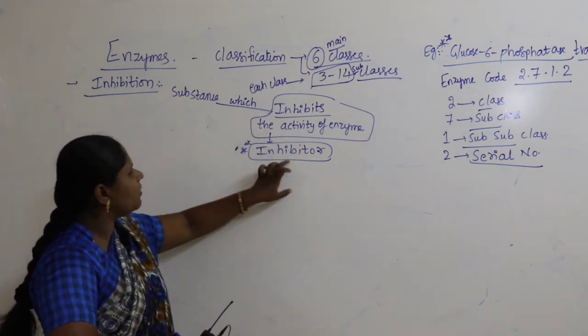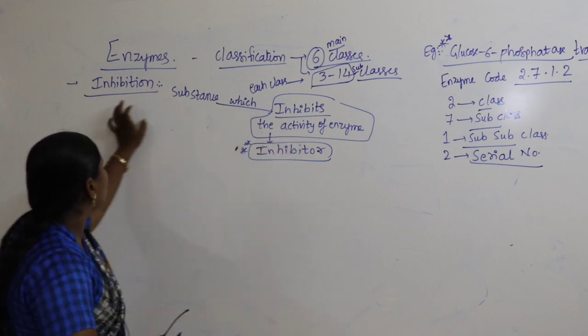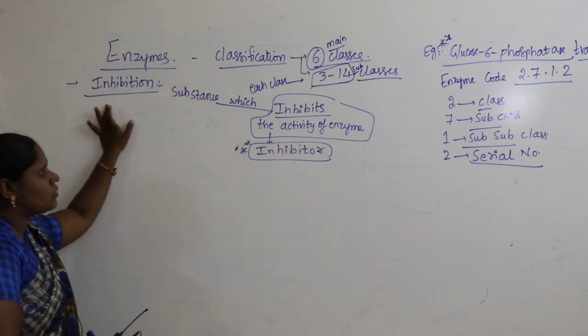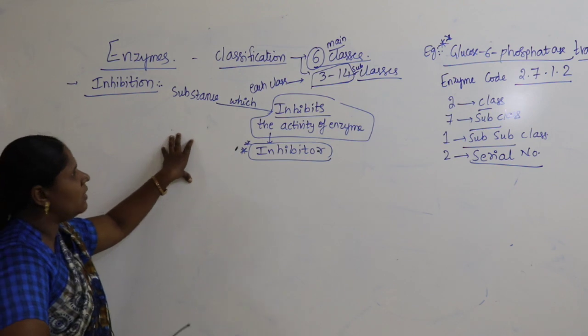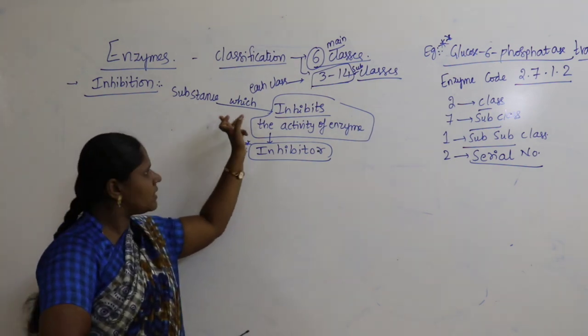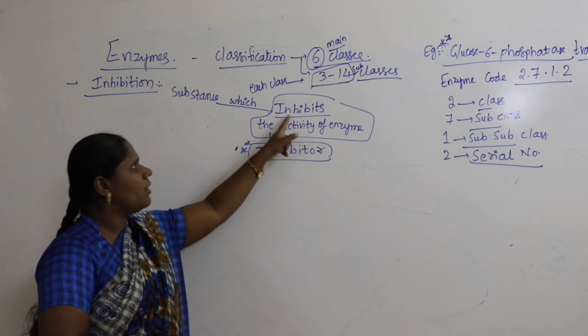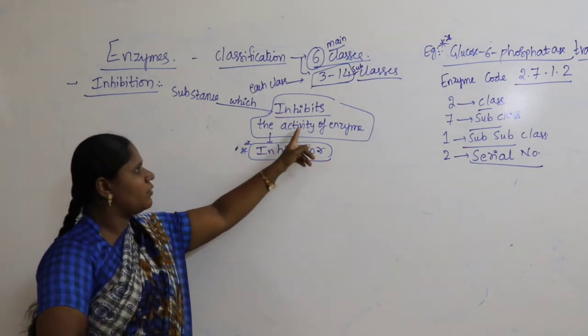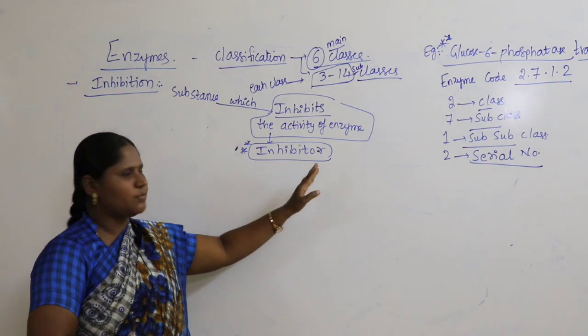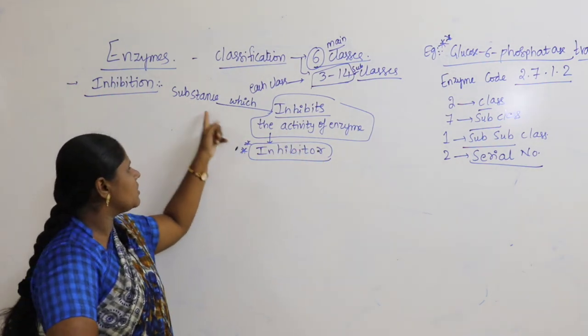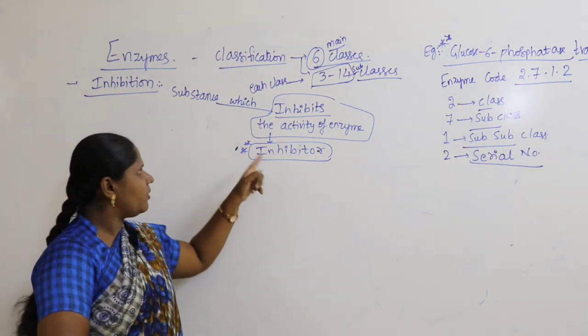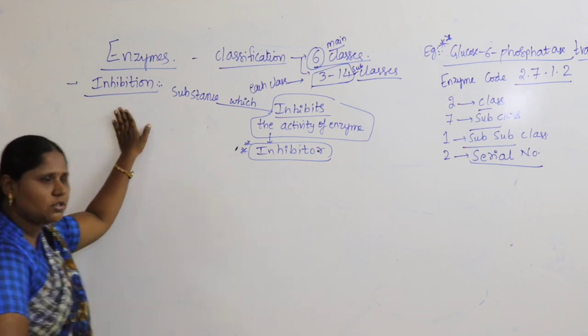The process of inhibiting the enzyme activity is called inhibition. There may be some substance which, when combining with the enzyme, reduces the activity of the enzyme or completely blocks it from combining with the substrate. That substance is called an inhibitor, and the process is called inhibition.